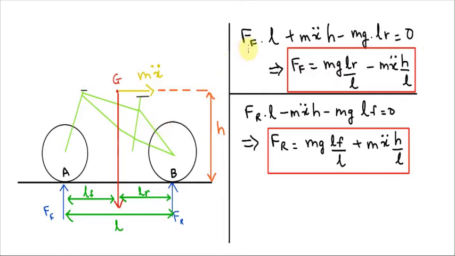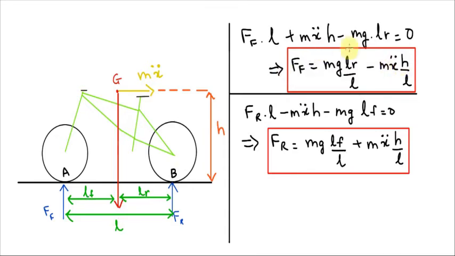These two forces, Ff times L and the acceleration term m x double dot times h, are both in the same direction, that is, anticlockwise. So they both get a plus sign, and minus mg Lr because it is in the opposite direction, clockwise, equals 0. When we move these terms to the other side, we get Ff equals this entire thing.